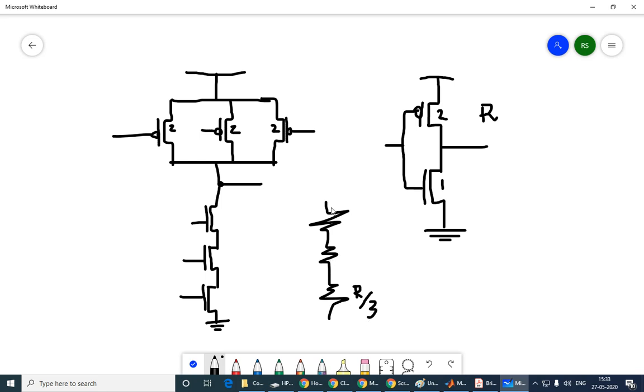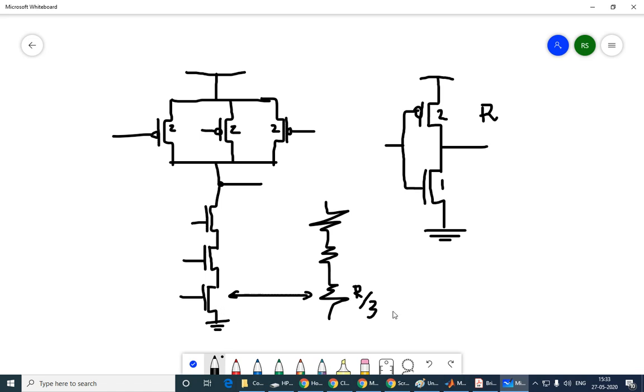So R by 3, R by 3, R by 3, together if you add all of them you will get R. So this and this, they should be equivalent to each other. R by 3, I have NMOS transistor, I should put the W by L such that its resistance becomes R by 3. So what should I put for the W by L here?